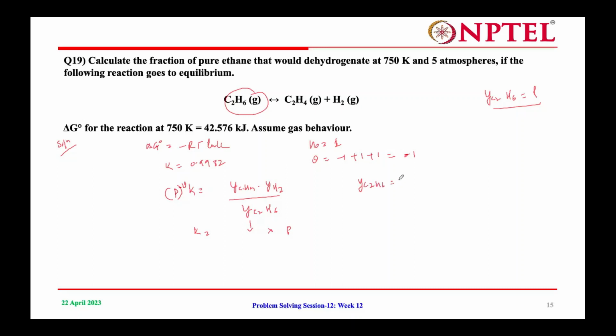C2H6: initially 1 mole present. C2H6 is the reactant, so the stoichiometric coefficient is negative, and the reaction extent, and the total moles were 1, and here are the positive signs.